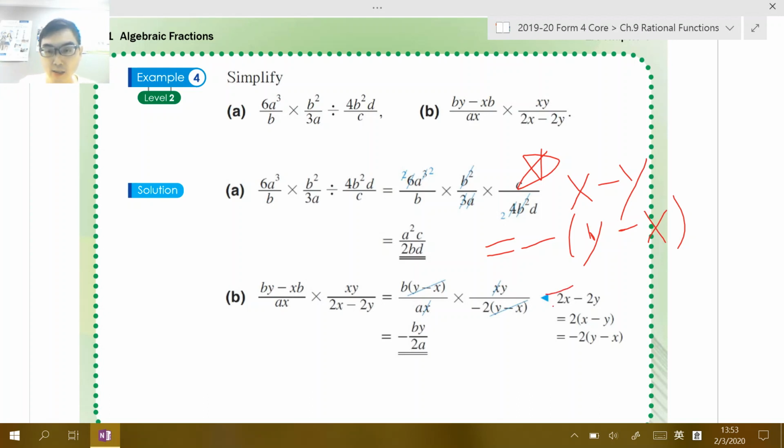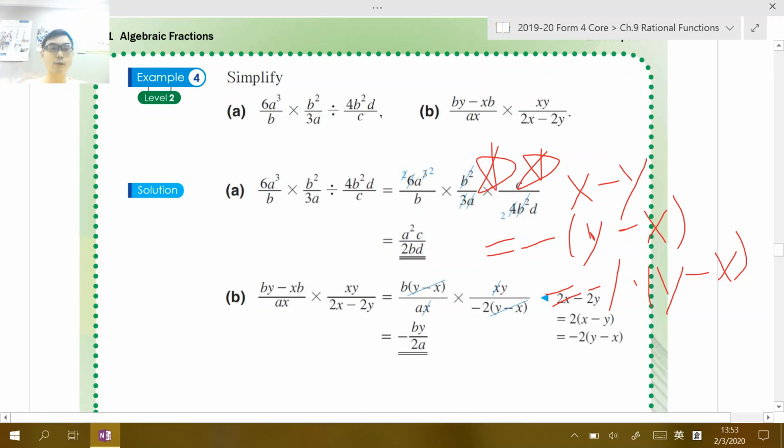It just means that you have one more multiple, negative 1, to multiply with (y minus x) as another factor. Okay, so this is the most important point you need to remember when we do any rational functions or algebraic fraction terms. So here you can also see example 4b, you have to use skills like this.